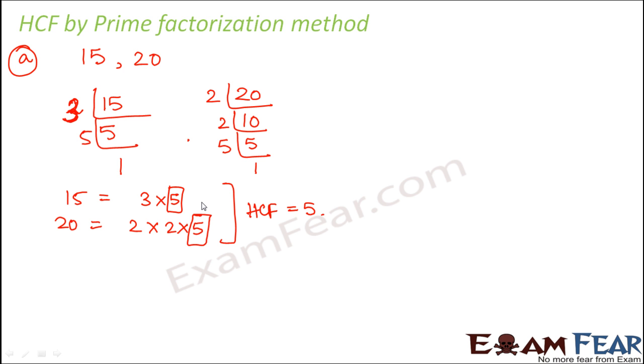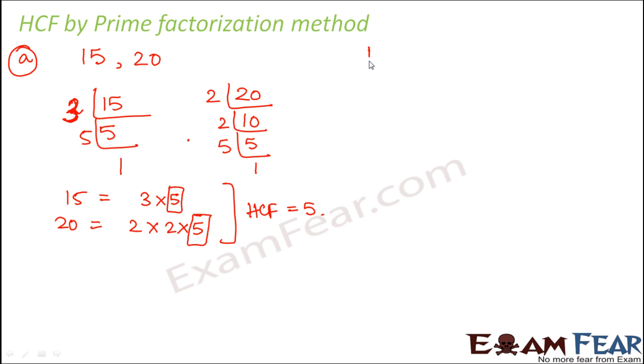Multiplying by 1 will not make any difference. So that is why we are not writing 1. But 5 is common, and again we can see that 5 very distinctly. But in this case, the benefit is that you don't really need to find out factors. Because finding factors is time consuming, because you start counting from 1 and then you start finding, okay, which one is a factor and which one is not.